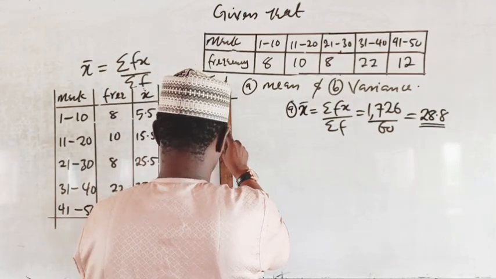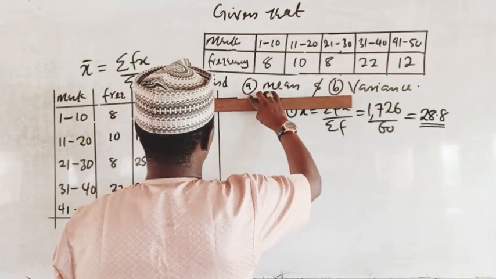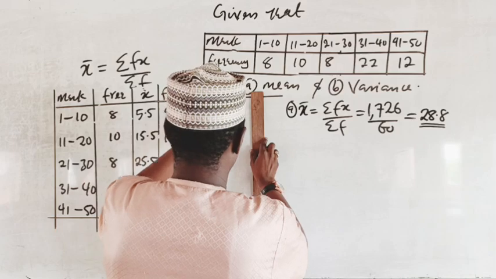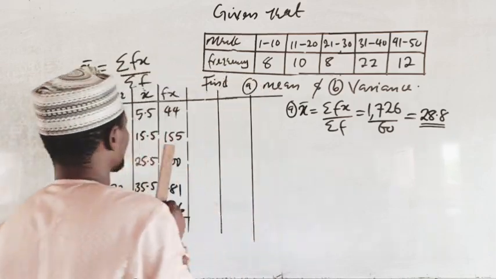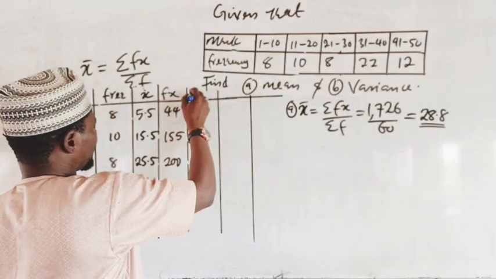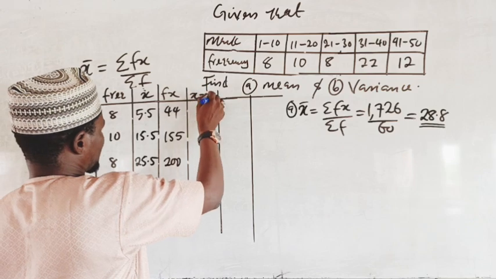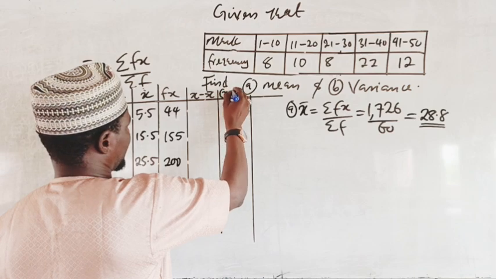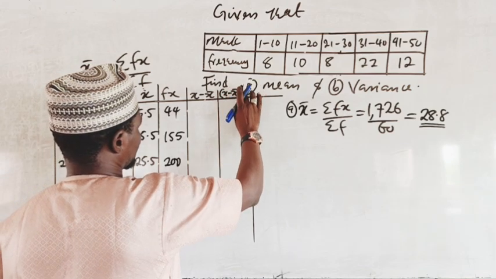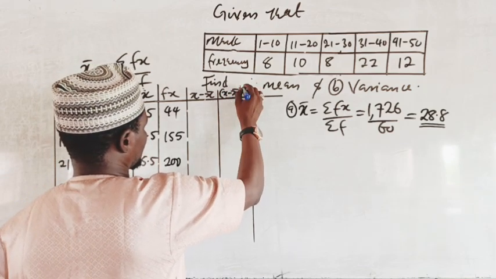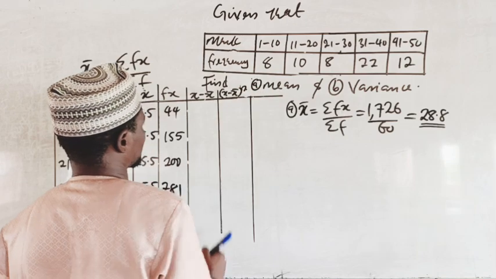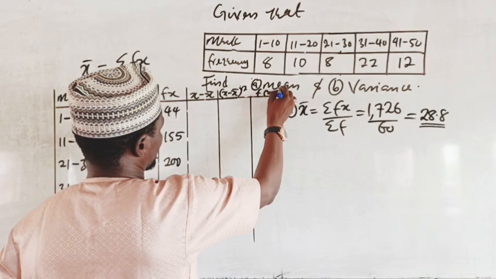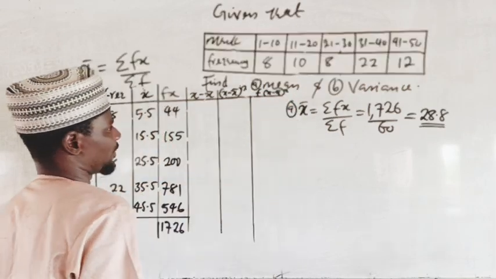The next columns are x minus x bar, then x minus x bar squared, and then f times x minus x bar squared. Sorry for mismanaging my board.